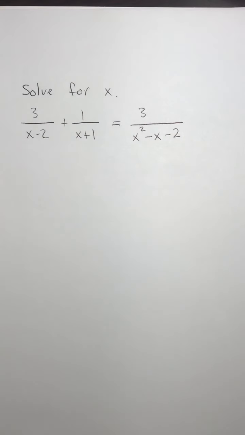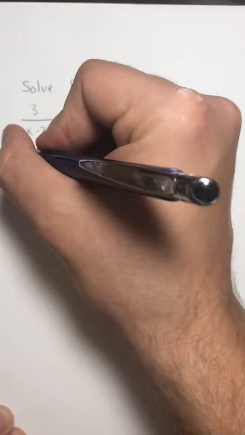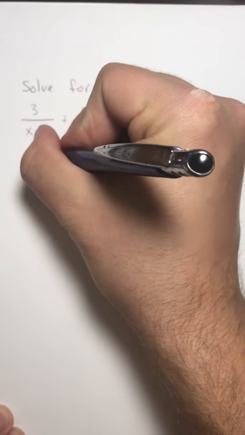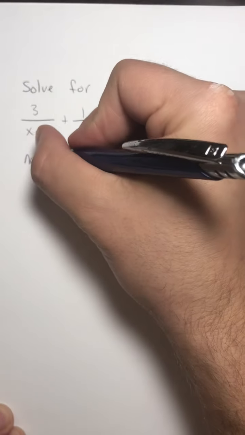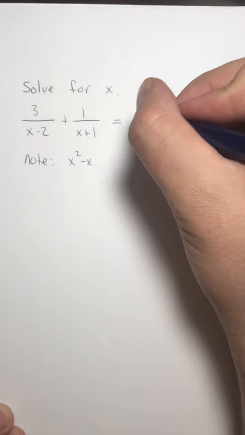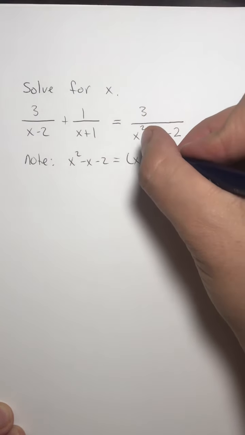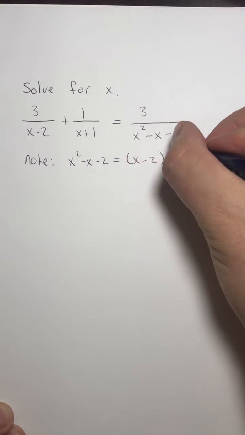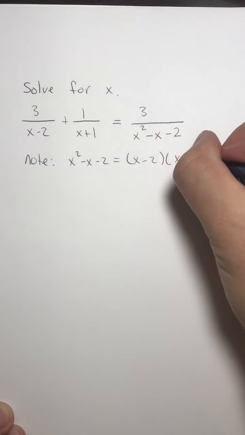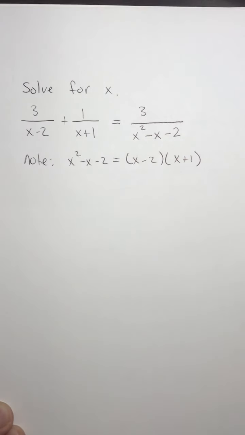So we're going to find a common denominator, and then we're going to set the numerators equal to each other and solve for x. So in this particular example, we can notice that x squared minus x minus 2 factors as x minus 2 times x plus 1, and we're already kind of on the right track.